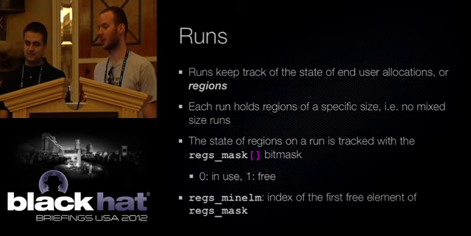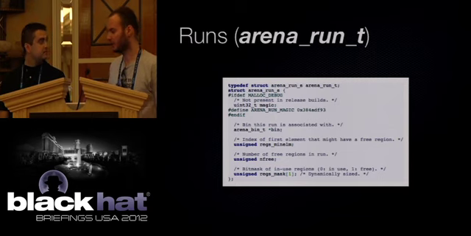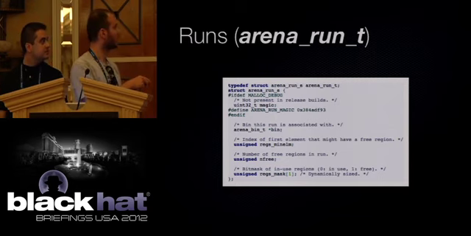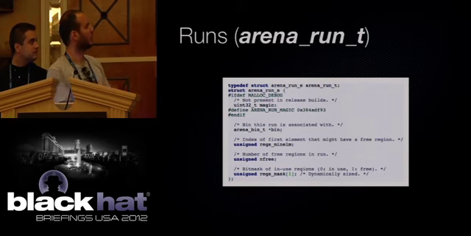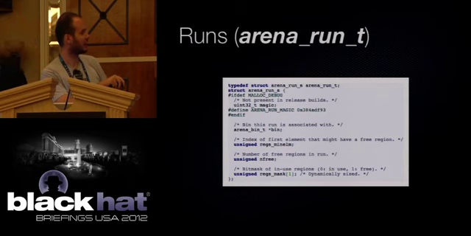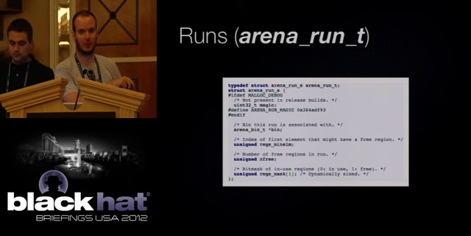This is how the run header looks. Probably the most important field in this structure is the regs_minelm, right there, as well as the dynamically sized array at the end of the struct, which contains the vector we have been talking about.